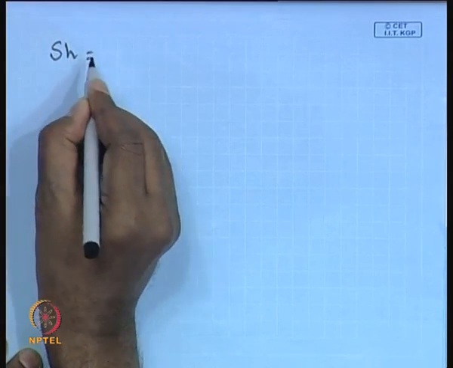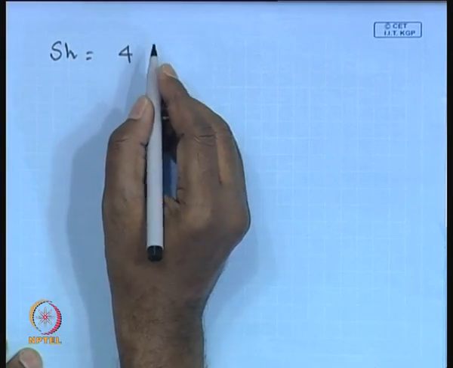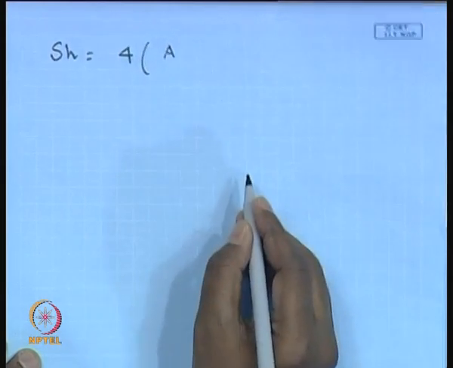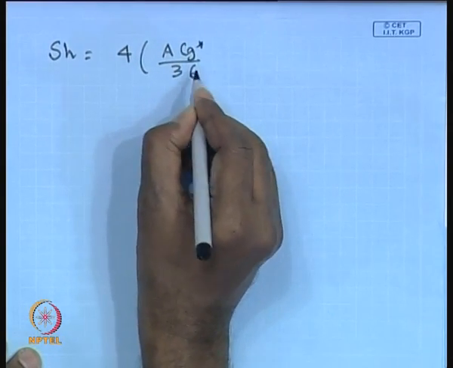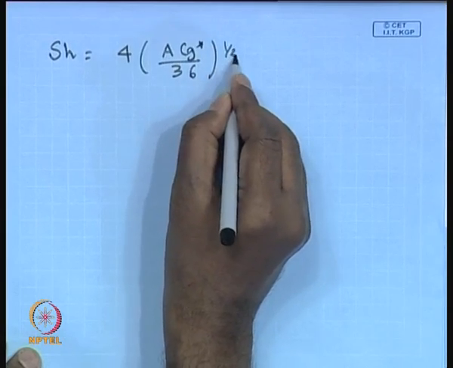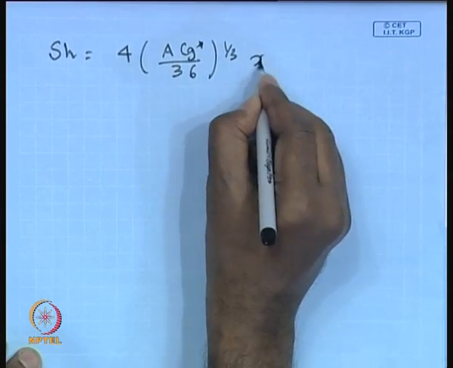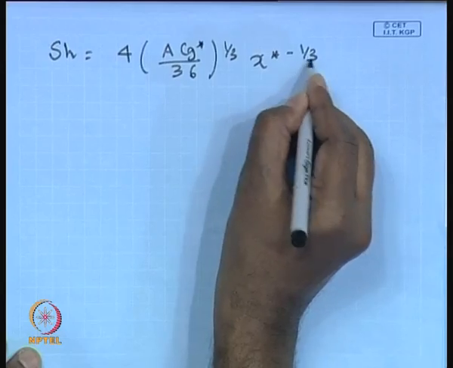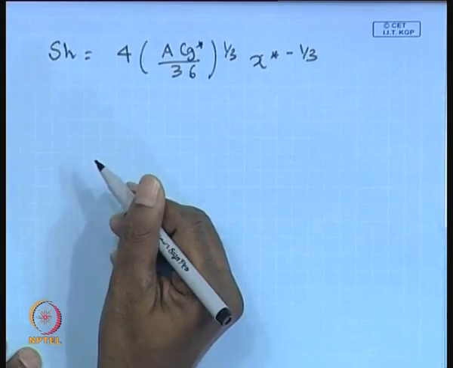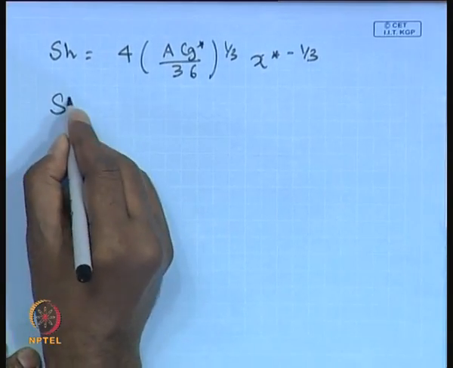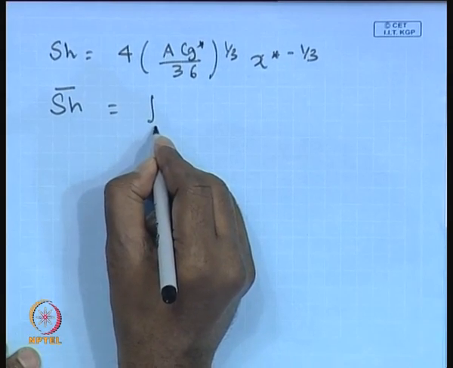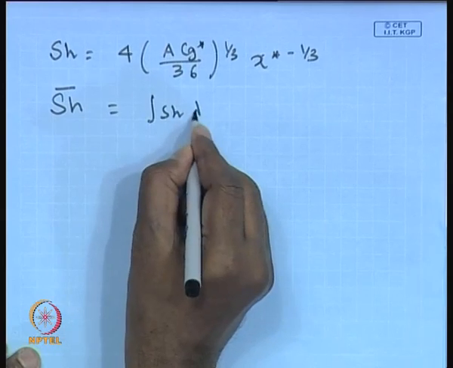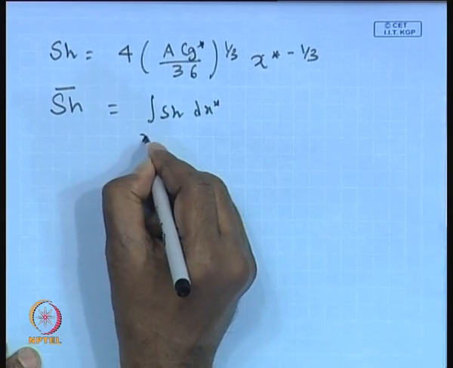So, if you do that, the Sherwood number turns out to be 4 into A C_g star by 36 raised to the power 1 upon 3 x star to the power minus 1 upon 3. You can do a length averaging. Okay. That means, the length average Sherwood number will be nothing but the integral of Sherwood dx star, x star from 0 to 1.